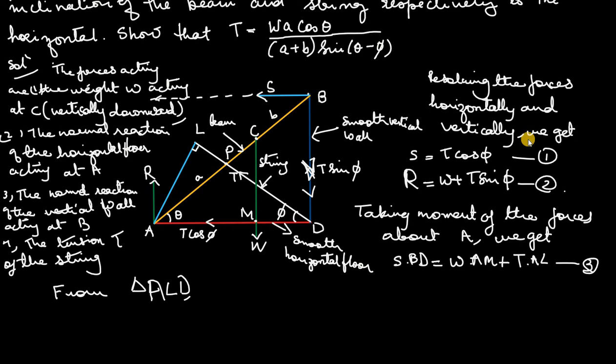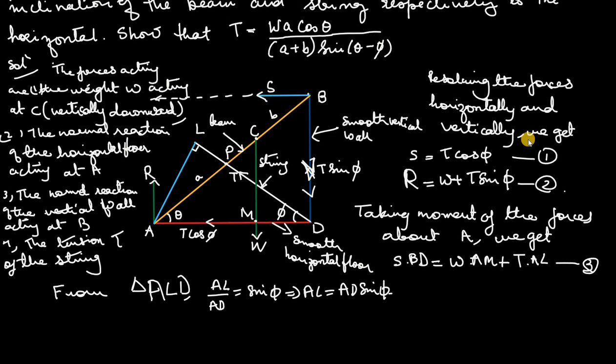Consider this triangle ALD with angle phi: AD is the hypotenuse, DL is the adjacent side, and AL is the perpendicular or opposite side. So AL by AD is equal to sine phi, which implies AL is equal to AD into sine phi.